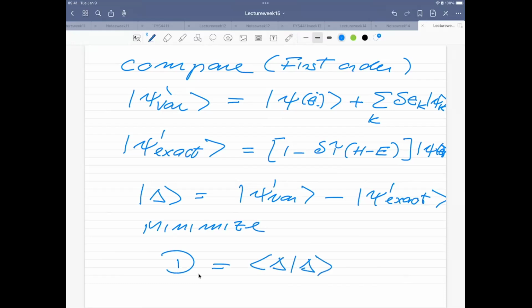In a sense, what I'm doing now is to minimize the distance between my variational ansatz and the exact one, where I have taken an imaginary time evolution to an approximation in terms of small time steps, to the first order term delta tau, but I multiply this one with an ansatz which I have.